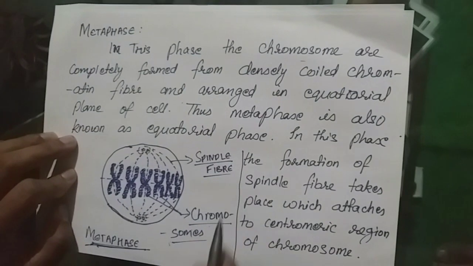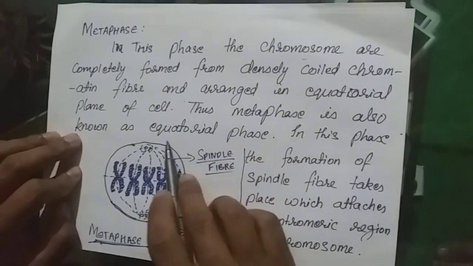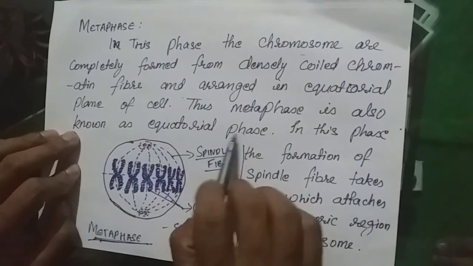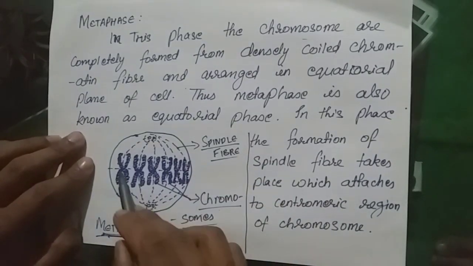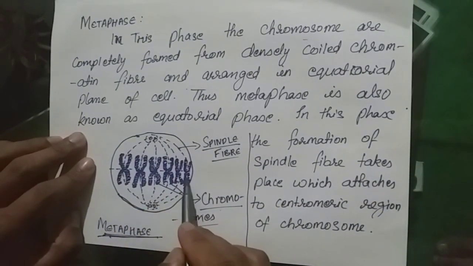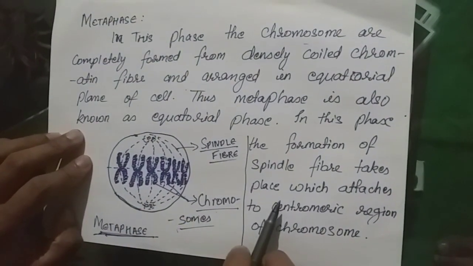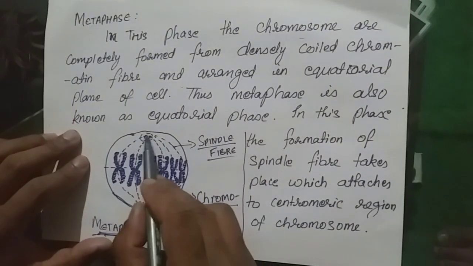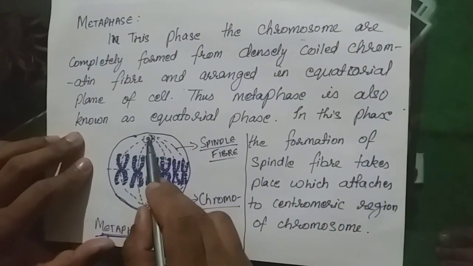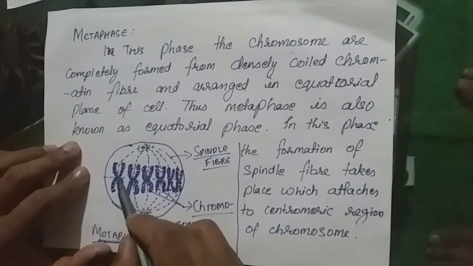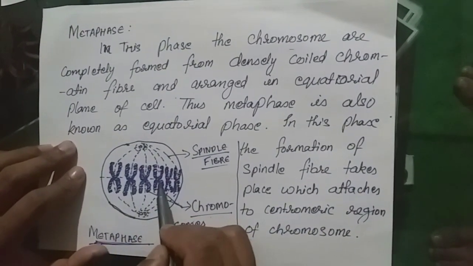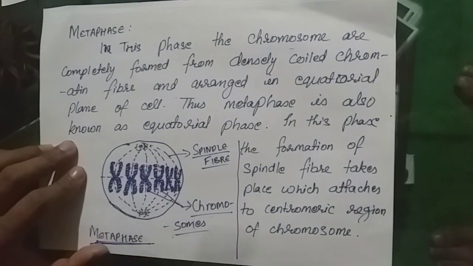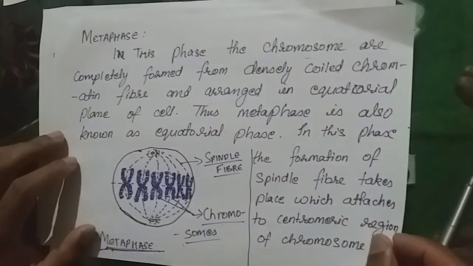The metaphase is also known as the equatorial phase. Why equatorial phase? Because all the chromosomes line up in the equatorial plane. Not only that, but the spindle fibers are also formed, and they get attached to the centromeric region or the constriction part of the chromosome. So this was about the metaphase.